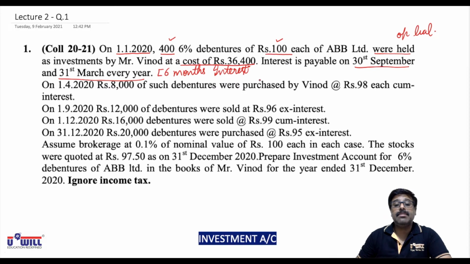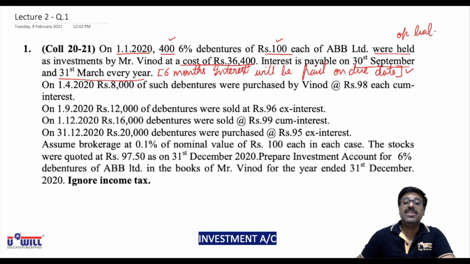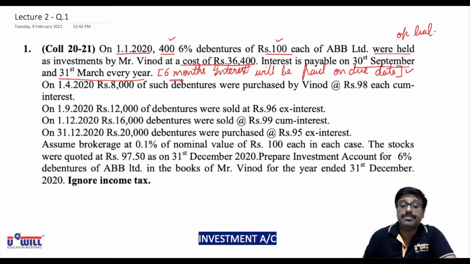If it is quarterly, a 3 months gap, then 3 months' interest would be paid on the due dates. Quarterly means 3 months, half yearly means 2 dates are given, meaning 6 months, and only 1 date given means yearly, 1 time interest would be paid.